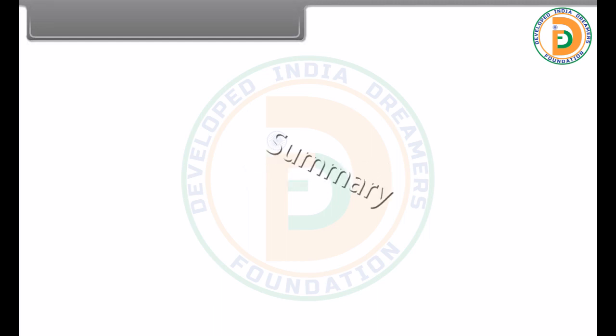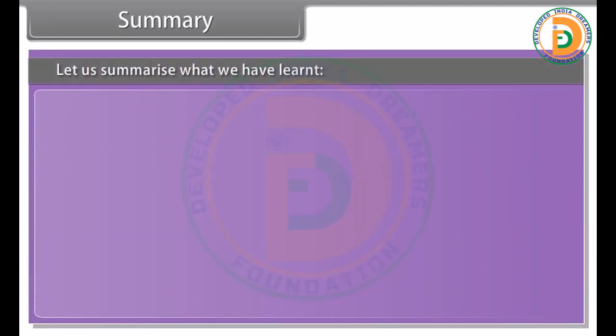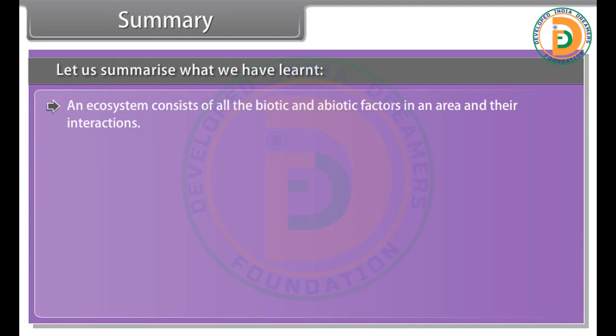Summary. Let us summarize what we have learned. An ecosystem consists of all the biotic and abiotic factors in an area and their interactions. The rate of production of biomass is called productivity.